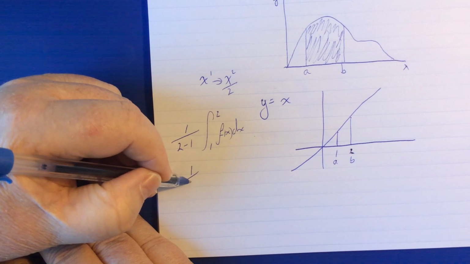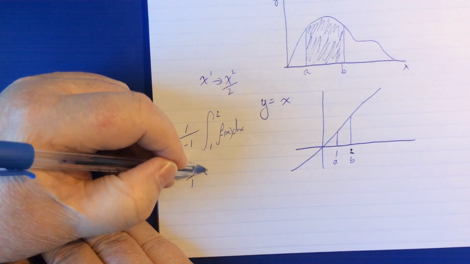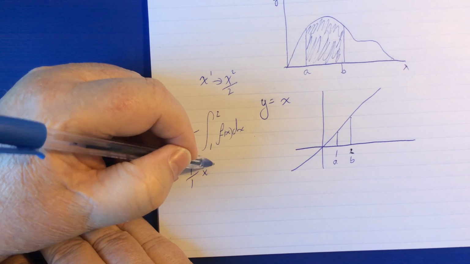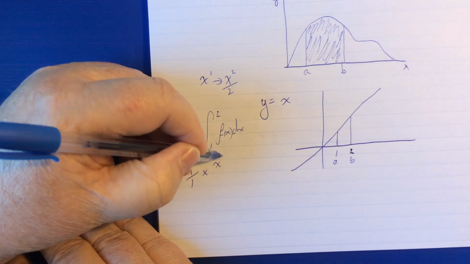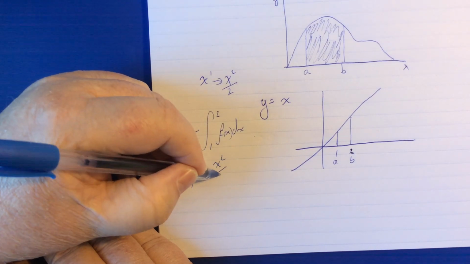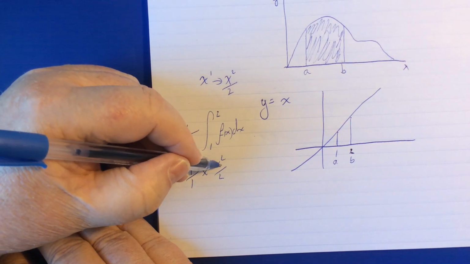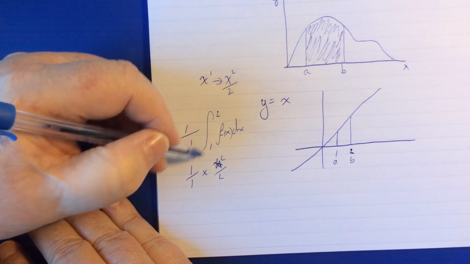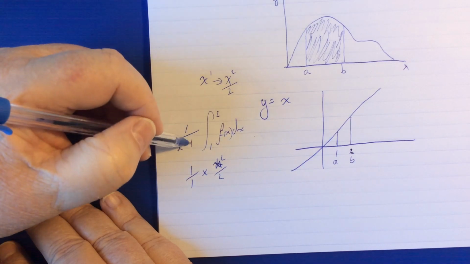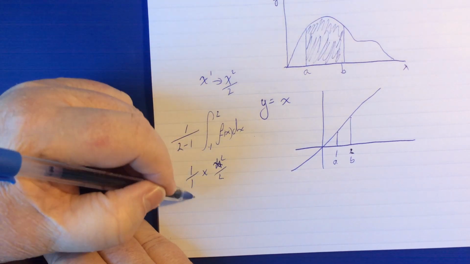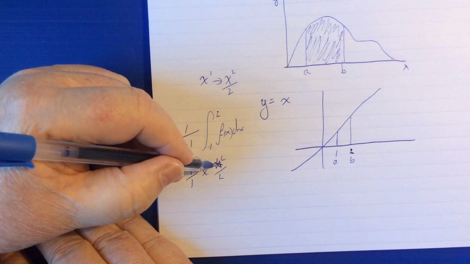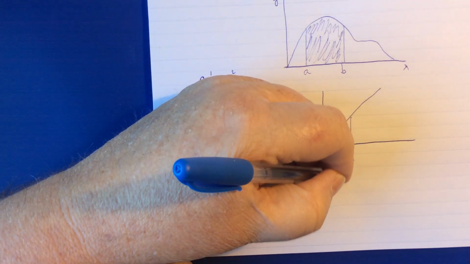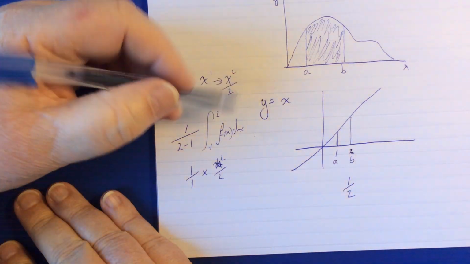So that is 1 over 1, which is 1, times x squared over 2, where x, in this case, we will replace with 1. That gives us A, this. So that's 1 times a half, which is a half. So we've got a half.